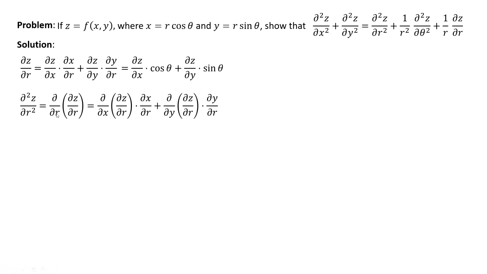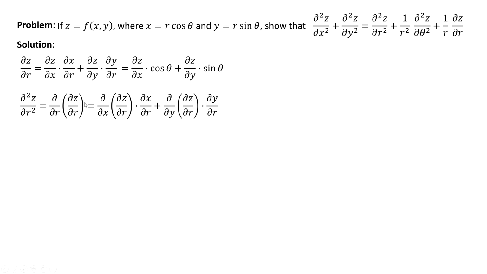Oh, the only difference is up here we had partial with respect to r, and the quantity was just a z. However, here the quantity happens to be partial z with respect to r. In both cases, we are taking partial with respect to r. What changed is just the quantity. Over here it was z. Over here it is partial z with respect to r.